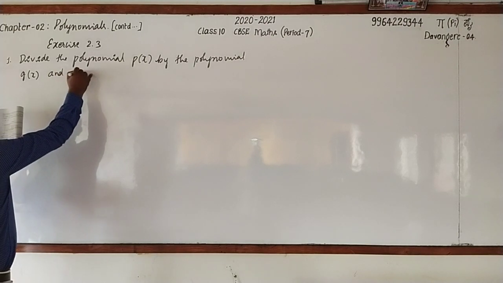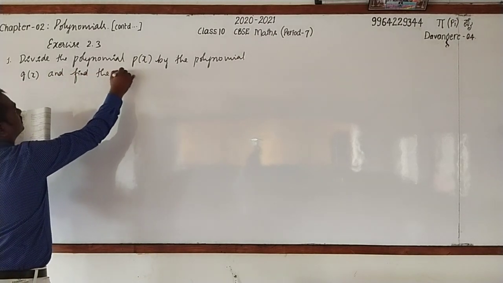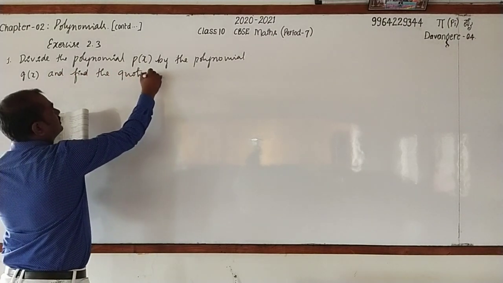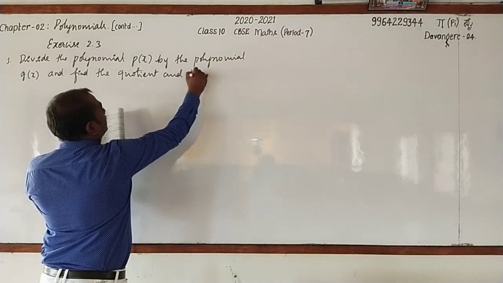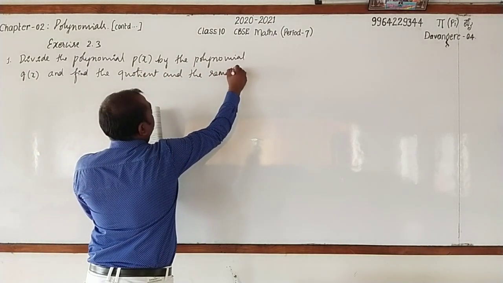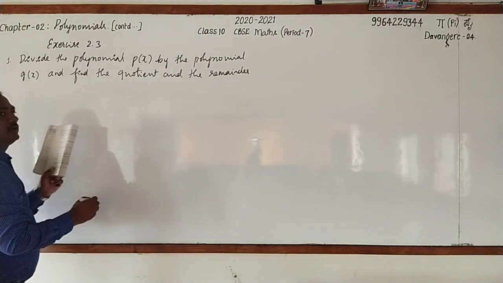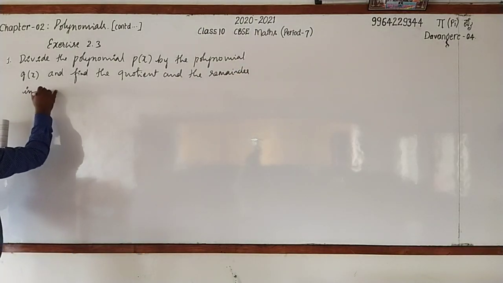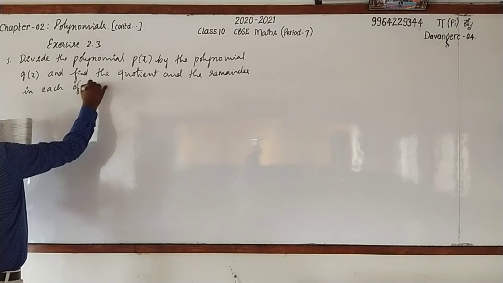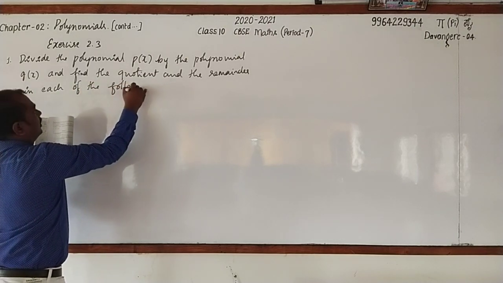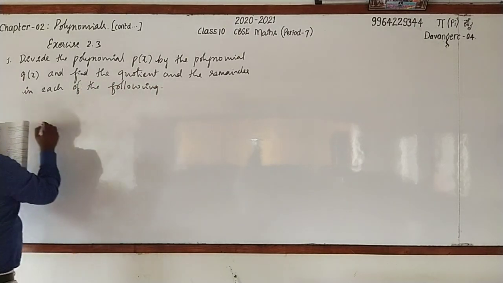Then we have to find the quotient as well as the remainder in each of the following. Now, I'll go for taking one by one.